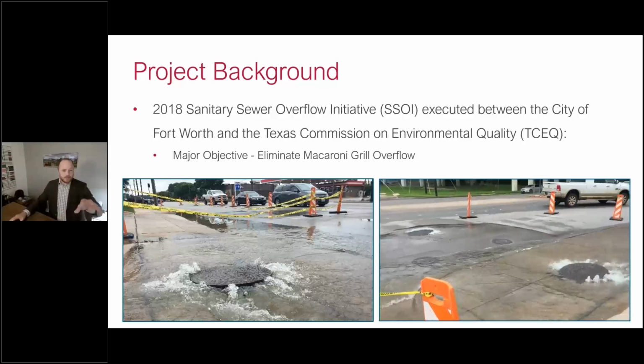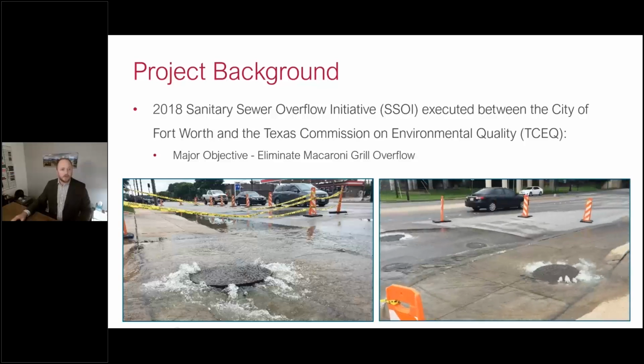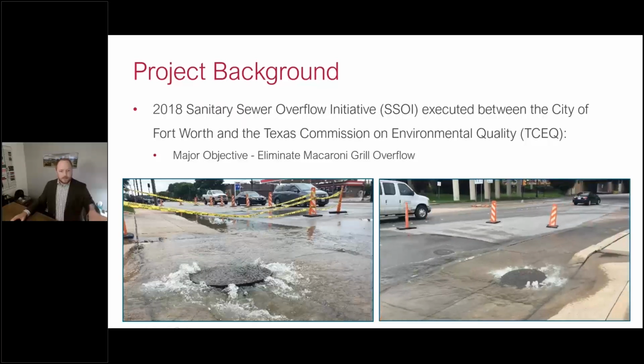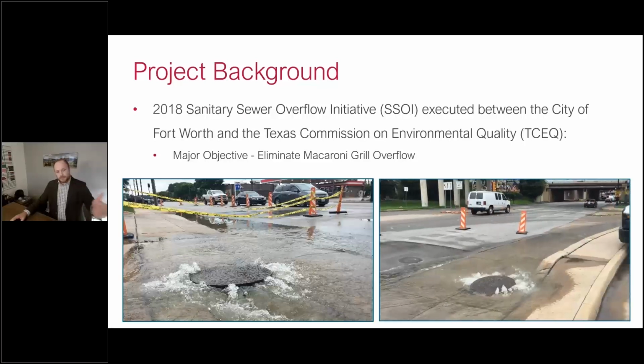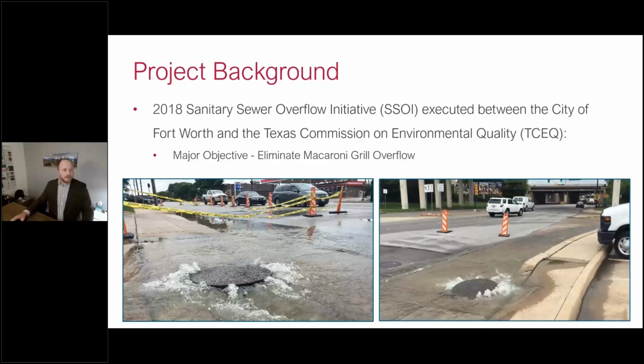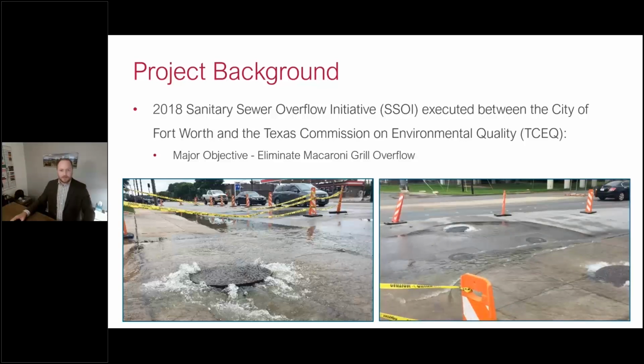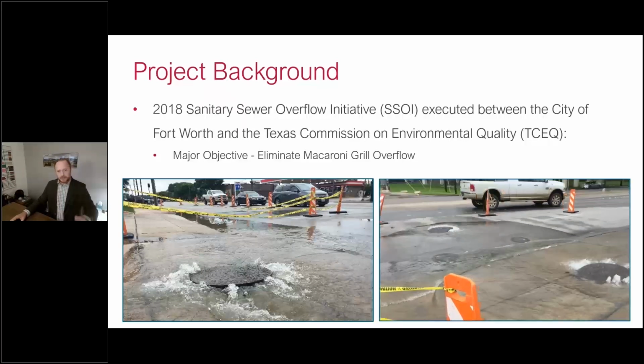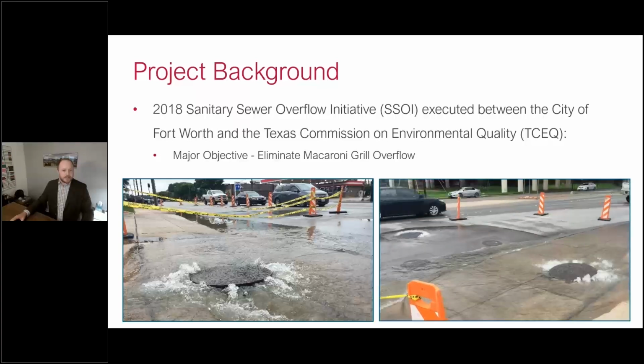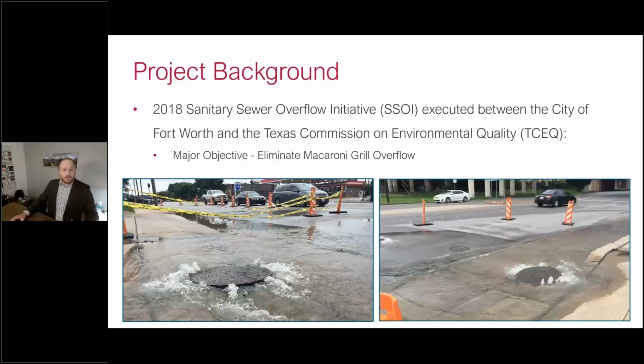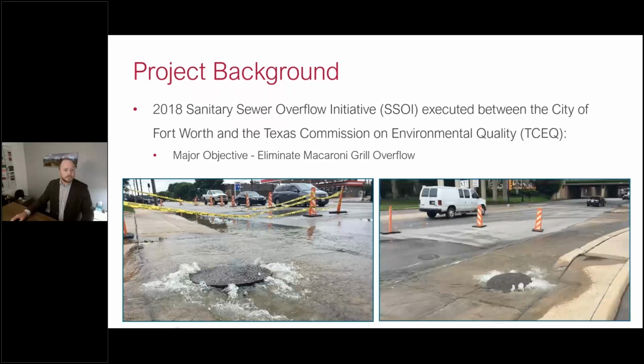Lots of projects were on this initiative, but one was the Clear Fork project, which is intended to eliminate this sanitary sewer overflow that you can see here. And this is University Drive. It's a major arterial running north-south through the city, right in front of Macaroni Grill. So it's the Macaroni Grill overflow.